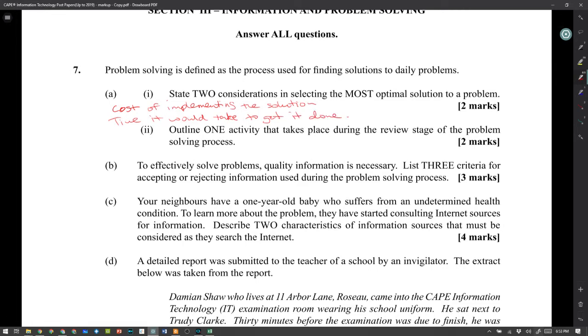Outline one activity that takes place during the review stage of the problem solving process.